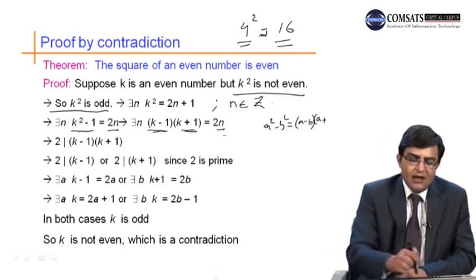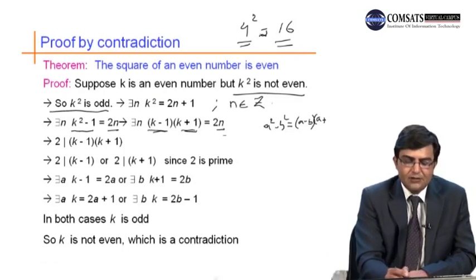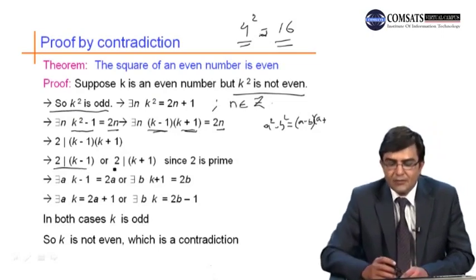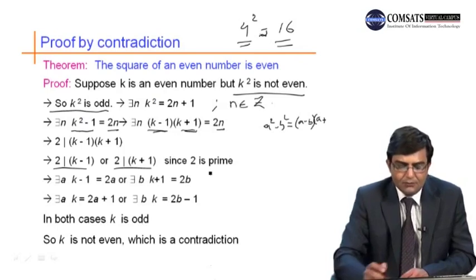If 2 divides k minus 1 into k plus 1, it means either 2 divides k minus 1 or 2 divides k plus 1, since 2 is prime.